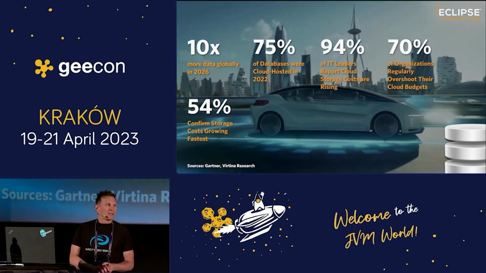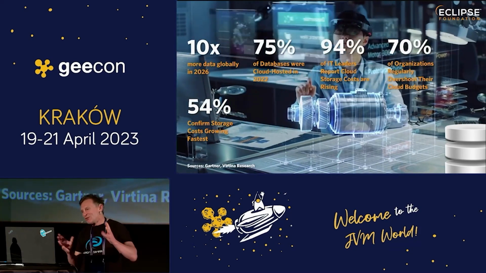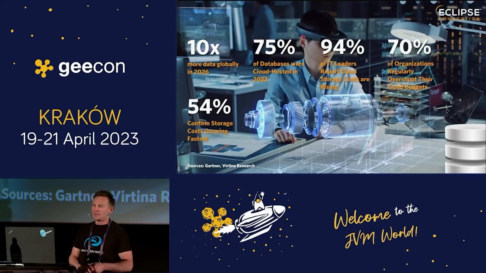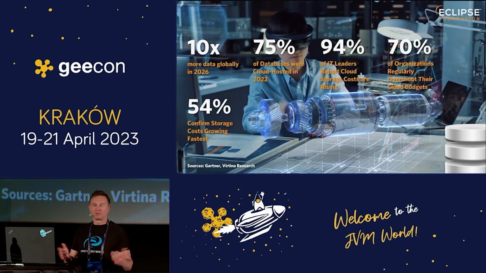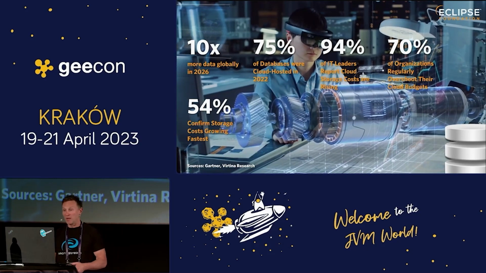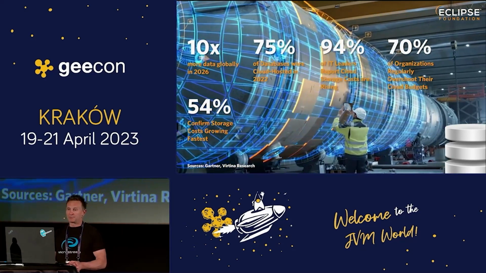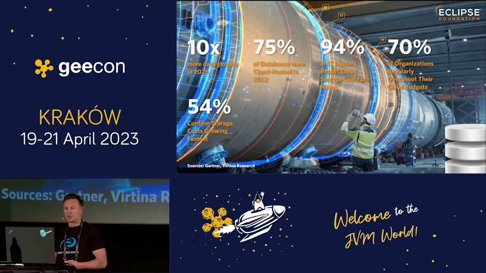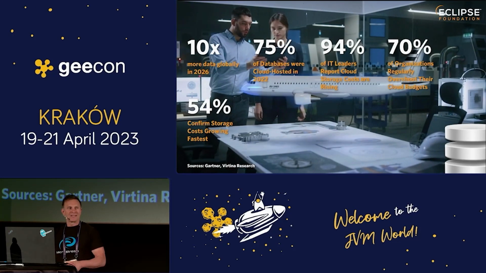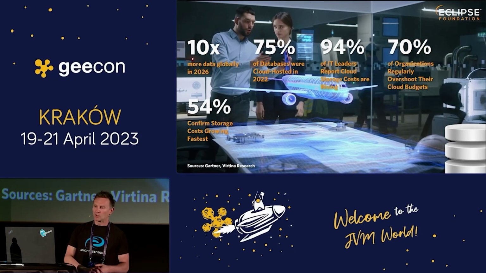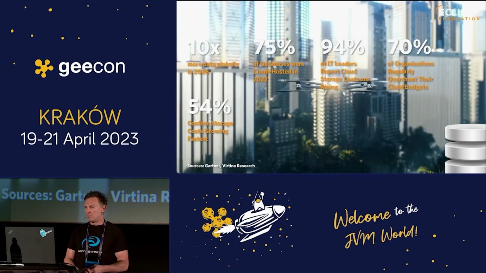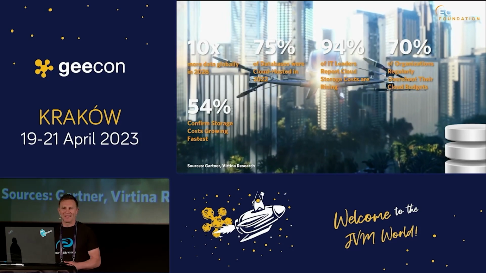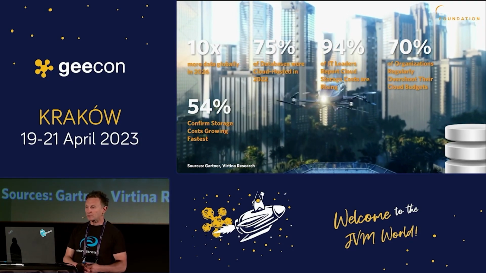And for IT decision makers, this is really painful because more than 90% of them say that cloud storage costs are really exploding, and more than 50% say this is a really big pain point for them. So the question is, can we improve this with Java?